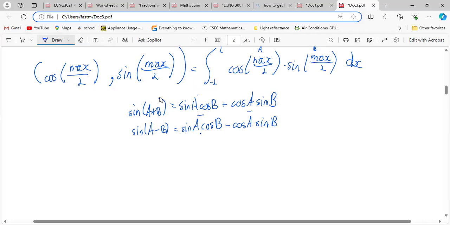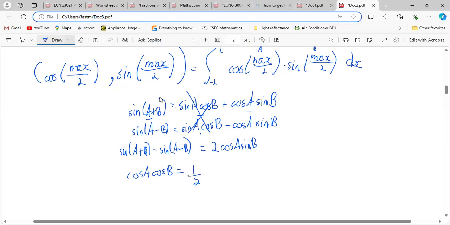So you end up on this side with sine A plus B minus sine A minus B, and it will be equal to, this is going to cancel, plus plus, so 2 cos A sine B. When you do a little derivation and move things to the next side, you move the 2, so it could be divided, and you end up with a half sine A plus B minus a half sine A minus B.